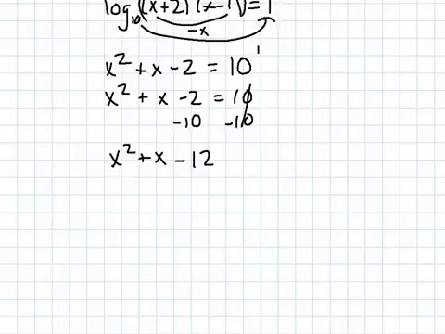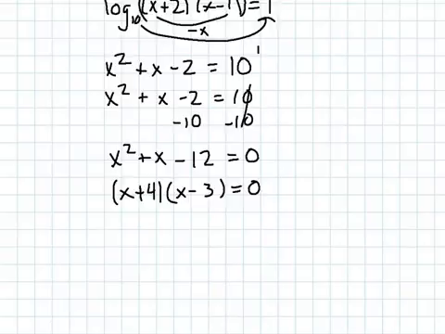That gives me negative 12 equals 0. Factor. First terms are x. Plus and minus means plus minus. And then factors of 12 that subtract to 1 would be positive 4 and a negative 3. So then I'd set them each equal to 0.